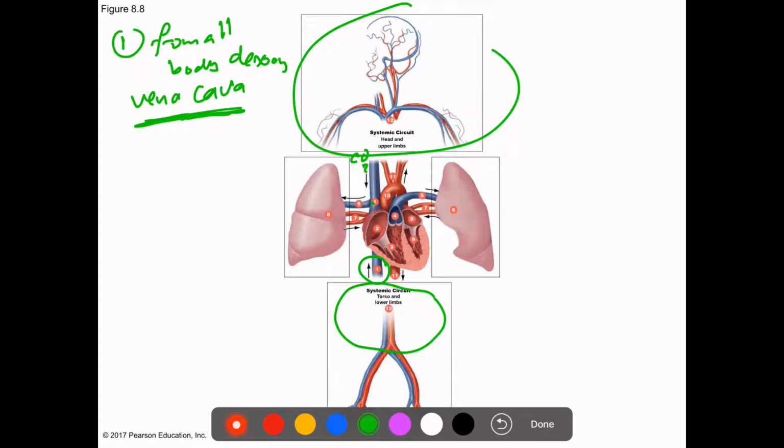Where exactly into the heart? Into here, into the right atrium. And that is number 2, the right atrium.